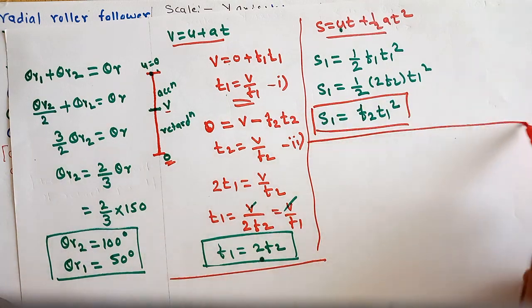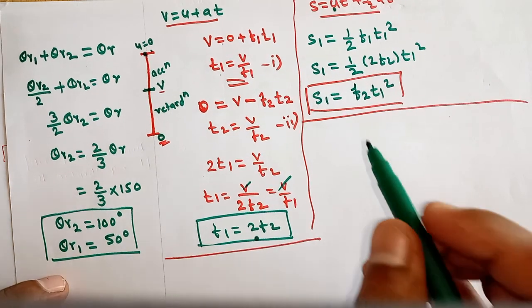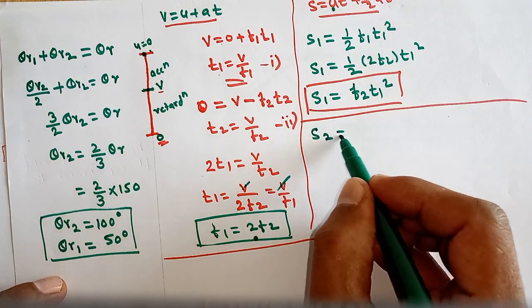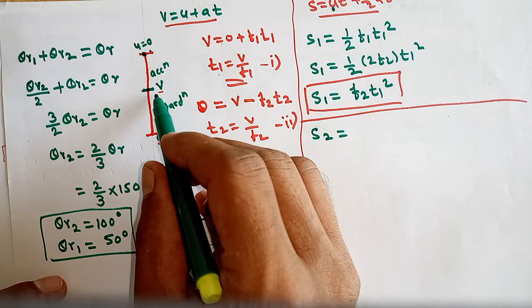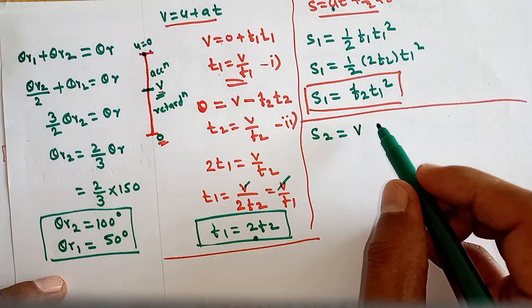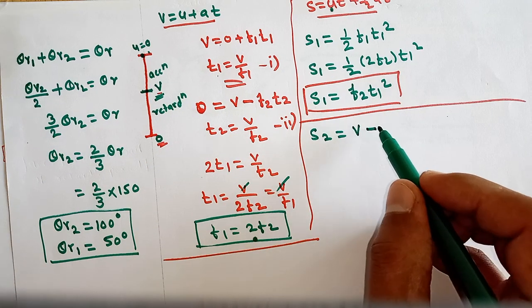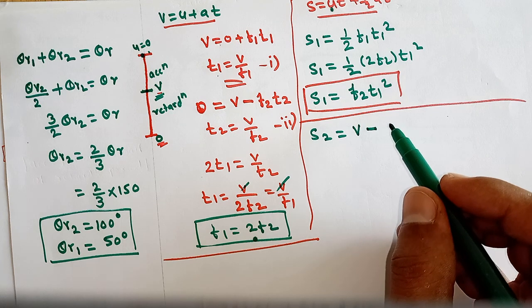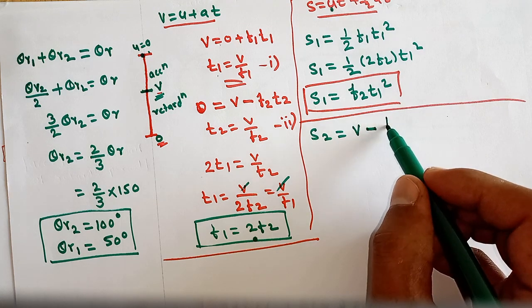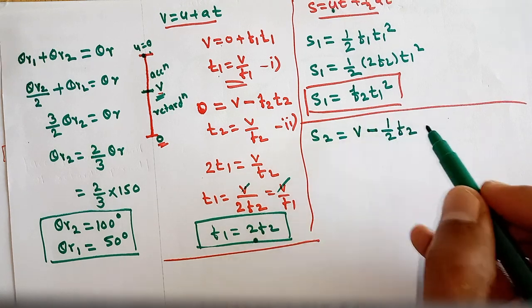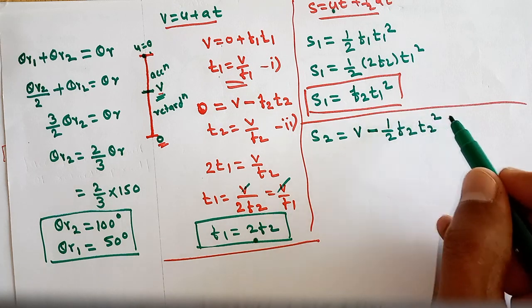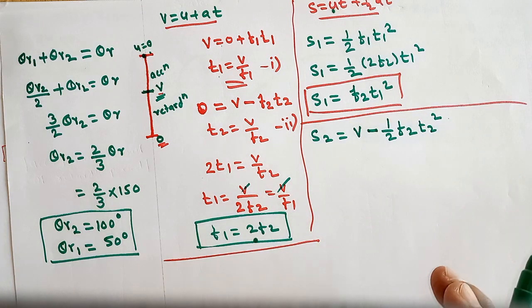Now during retardation, say displacement is S2, initial velocity is V. So V T2, it is retardation, so minus half of F2 T2 square. F2 is the magnitude of retardation.